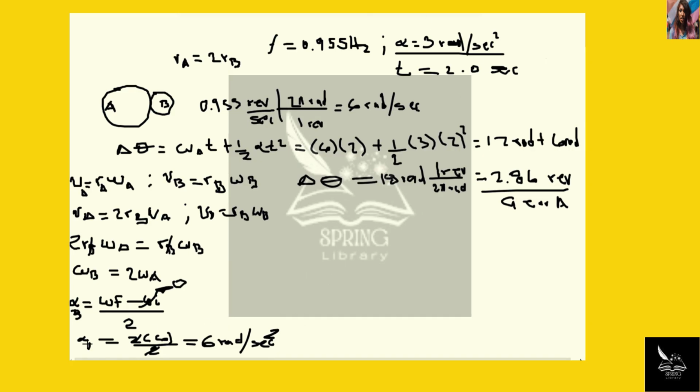Now we know the acceleration for gear B, and we can just apply the same equation to find the number of revolutions for gear B. So we have the angular velocity is 2 times omega A, 2 times 6, times the time of 2 seconds, plus 1 over 2 angular acceleration of gear B, 6, times 2 seconds squared.